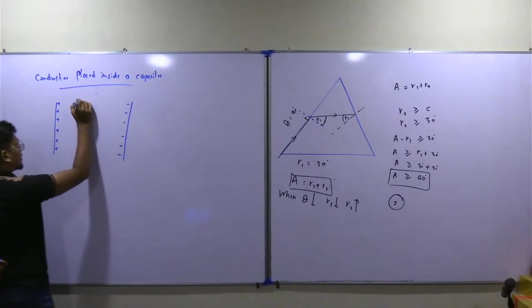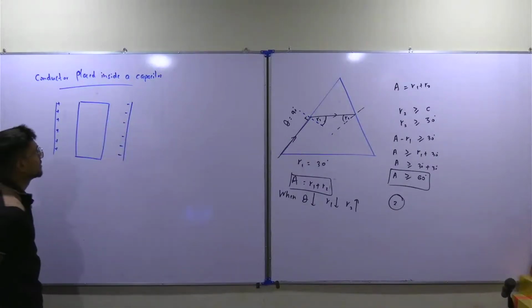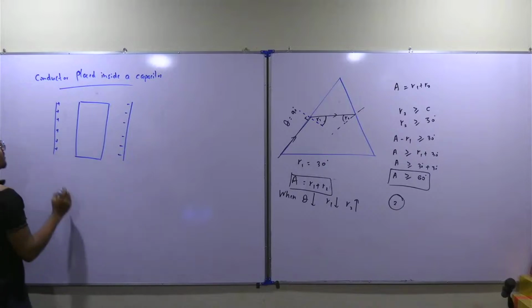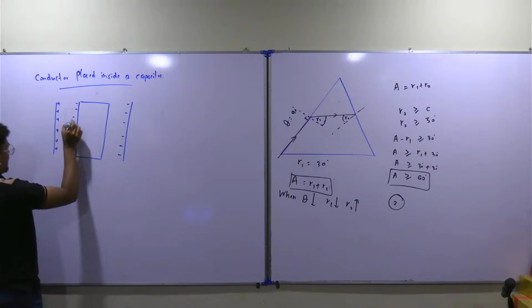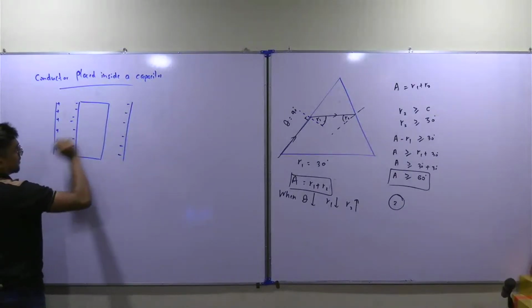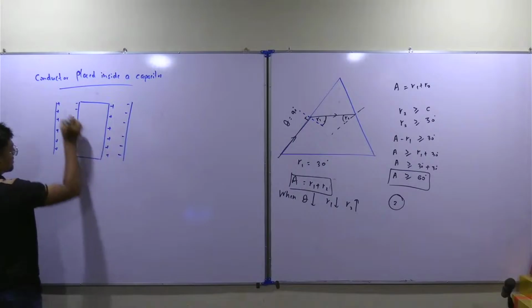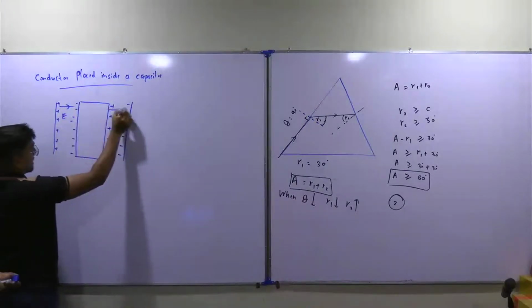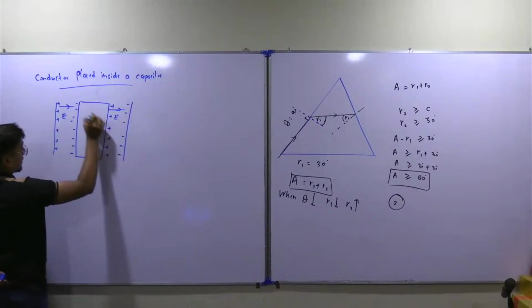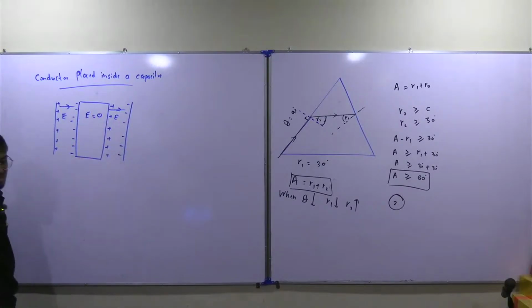Let's say you have a conducting plate, assume it as a metal plate. When you place a metal plate, this side becomes negatively induced and this side becomes positively induced. So there will be an electric field from here to here. But inside a conductor, the electric field strength is zero.